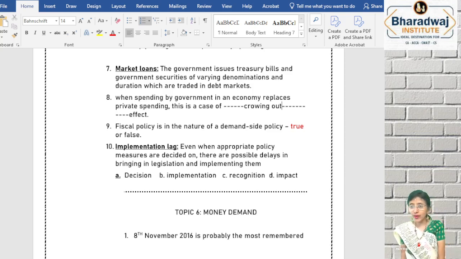Were you able to recognize a lag? Implementation lag. Please be very clear, repeated question. And here, instead of this, I will give another term so that the clue word also will not be there. Executing them. If they give, you don't even have the word implementation. So you should know what are the different types of lag. Limitations, usually I say don't waste time on limitations and merits.